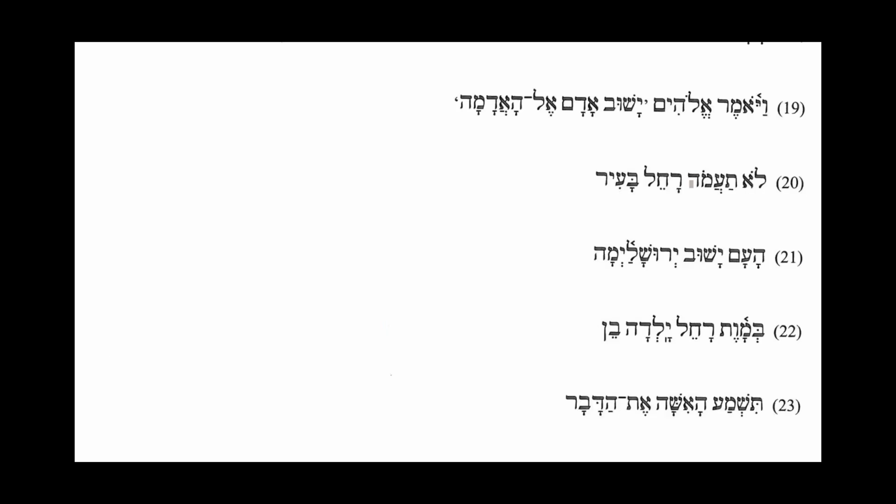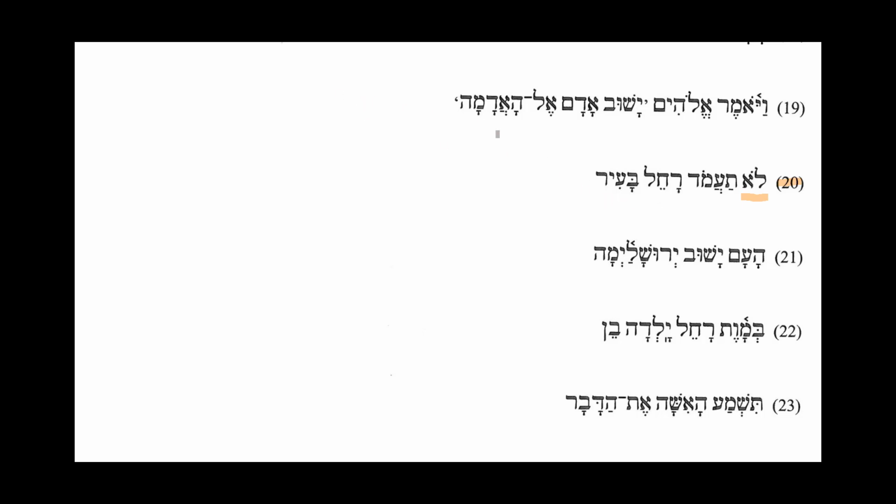Let's look at one more here, number 20. We've got Rachel in there again. She's pretty popular. And here we have a negative particle, the lo. So it will be telling us that not something is going to happen. So we have lo ta'amod Rachel ba'ir.